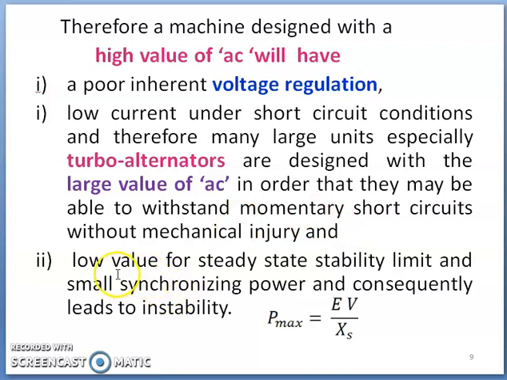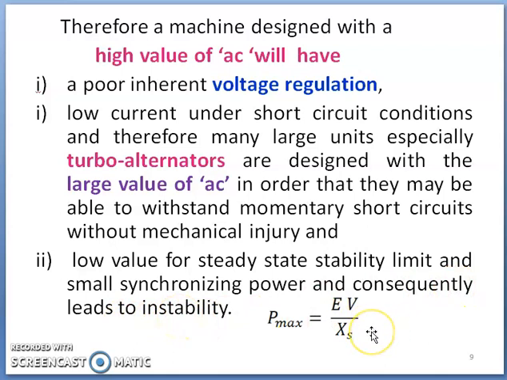Okay, then due to choice of higher value of AC, what happens to steady state limit, stability limit? Low value for steady state stability limit and small synchronizing power, and consequently it leads to instability.